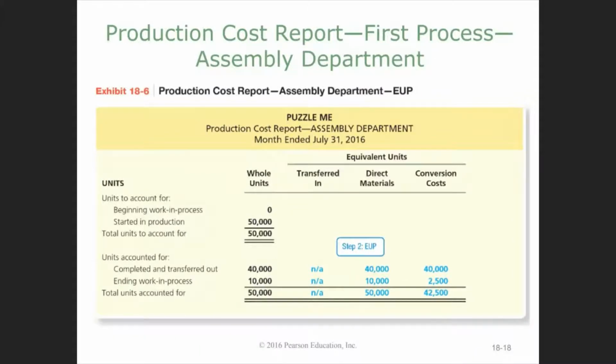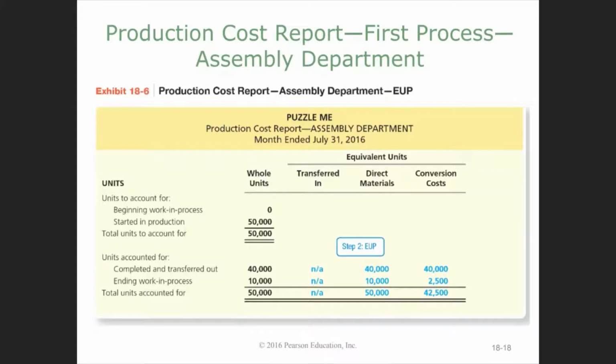So when we look a little to the right, it says our equivalent units: transferred in, direct materials, and conversion costs. And we're saying here that we have not transferred in anything, but we do have some direct materials. So completed and transferred out, we've got 40,000, and our ending work in process, we've got 10,000, and that gave us our 50,000.